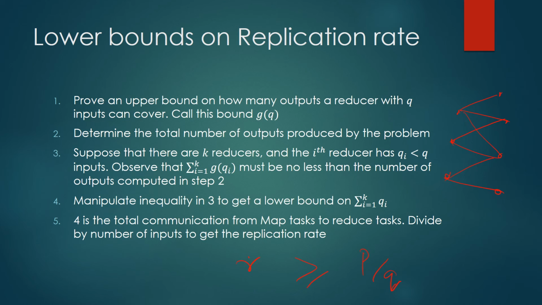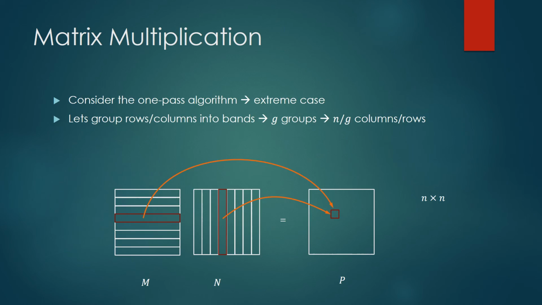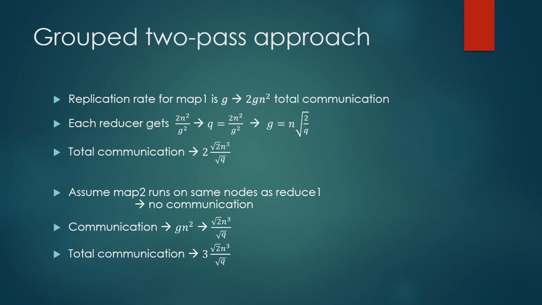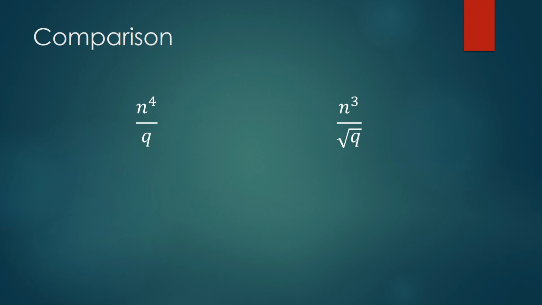We're just computing the lower bound, if you say that I have to take this kind of operation and embed it in a MapReduce framework. Think about application, that changes, and what you're going to end up with is that replication rates are actually different, and that tells you which one should be preferred and under which conditions.